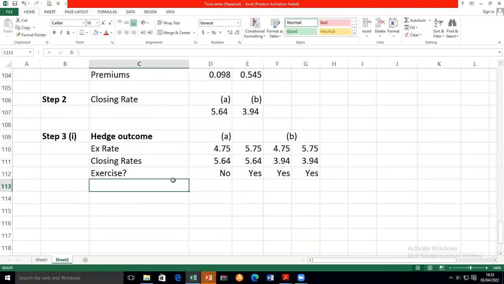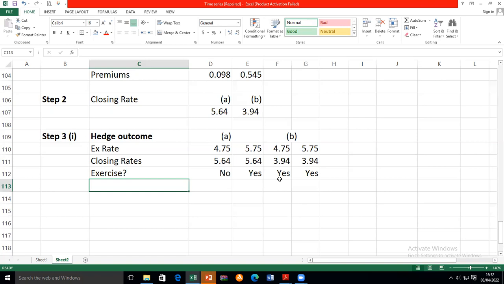Okay. So this is the right to invest. These are prices now in the market. So this is your hedge outcome.